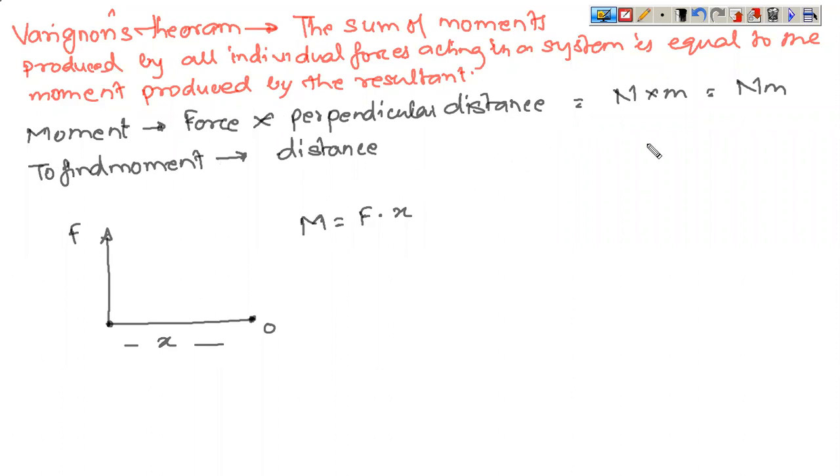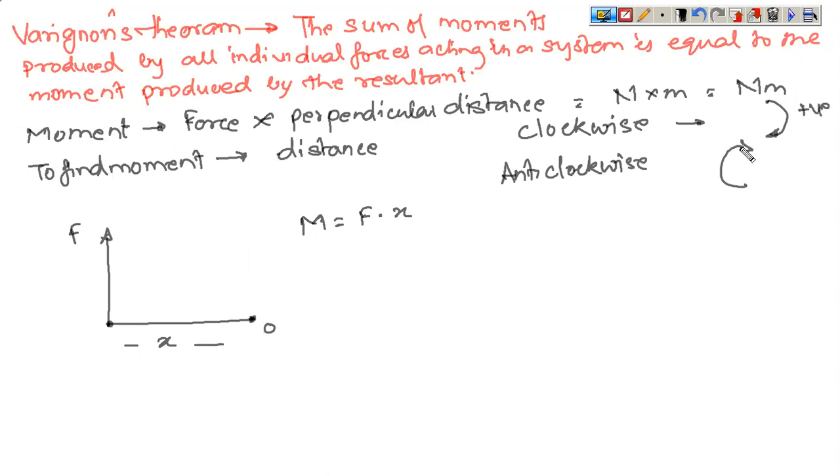Now, with moment comes a term, clockwise and anti-clockwise, because this is related to rotation. In general practice we have a sign convention that if the moment is clockwise in nature, it is taken as positive.